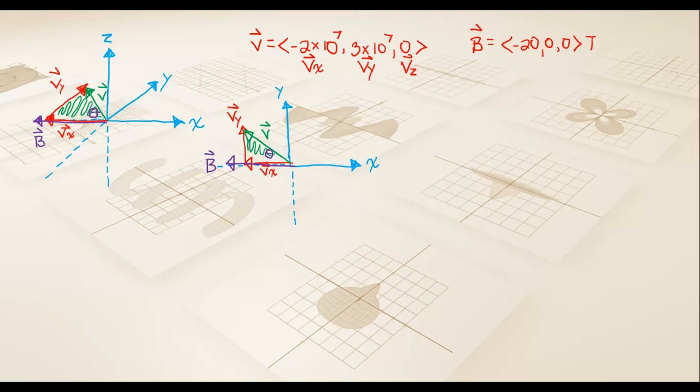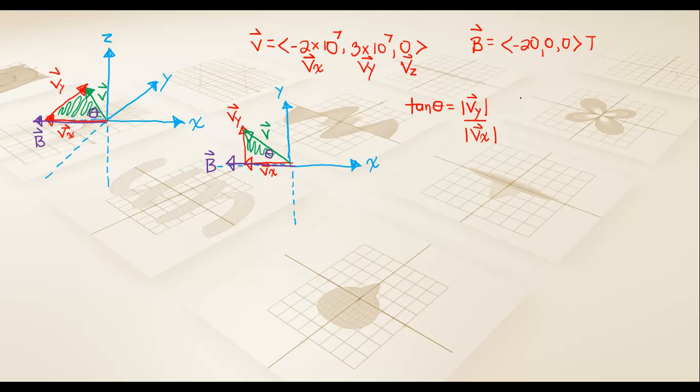Now, to calculate theta, we can just use the information about the y component and the x component. We have a right angle triangle where I know what vy is and I know what vx is. So I can use the tan ratio to figure out the angle theta. Tan of theta is equal to side opposite, which is vy, divided by side adjacent, which is vx.